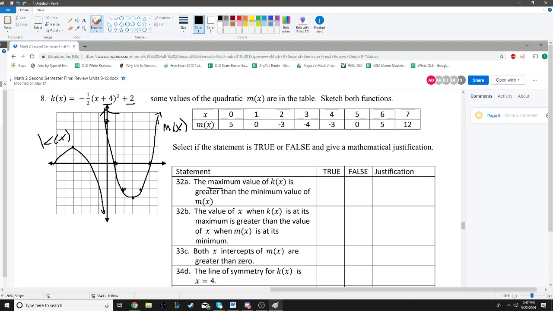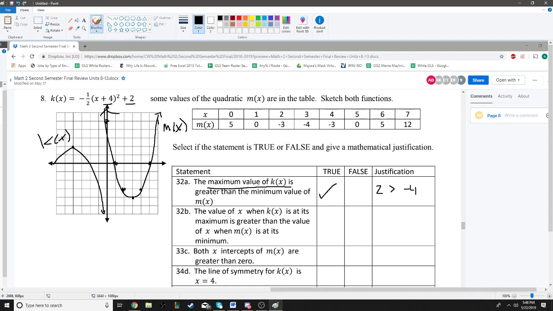So this says the maximum value of k of x, that's the biggest number, that's 2, is greater than the minimum value of m of x, which was -4. That is a true statement.